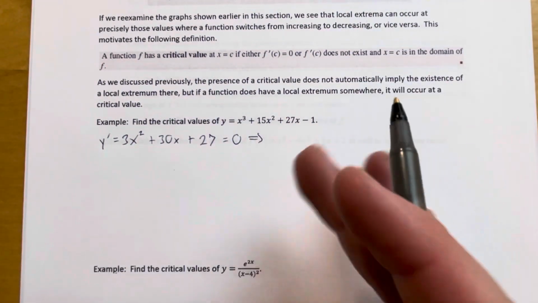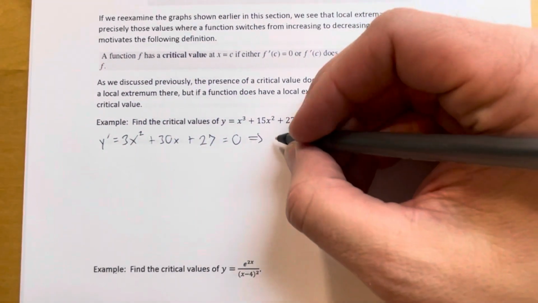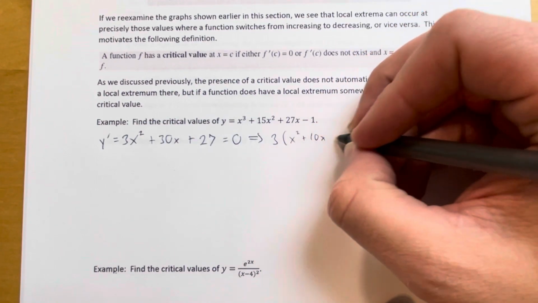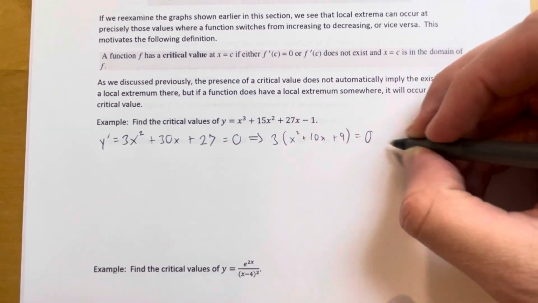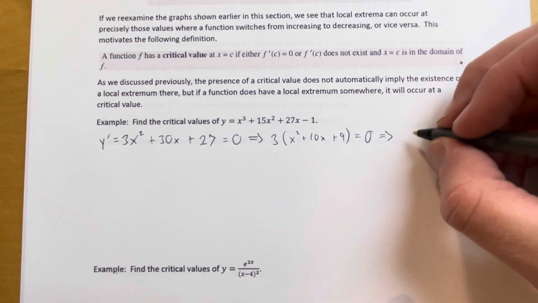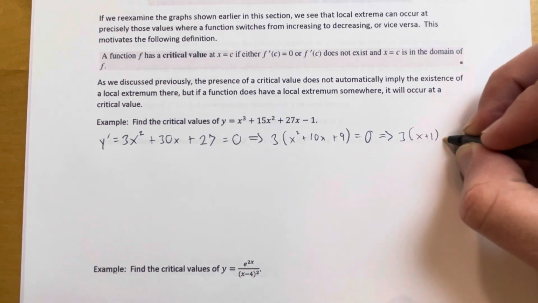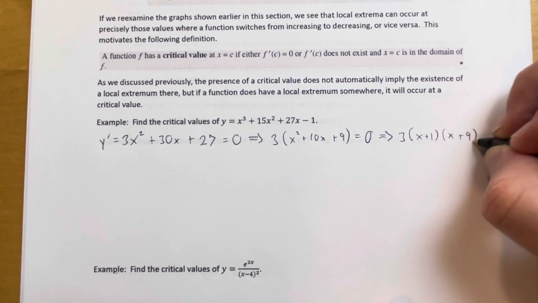It's a quadratic, so I can factor it. First, I would want to factor the 3 out. That leaves me with x squared plus 10x plus 9, and that is easy to factor. It's equal to (x plus 1) times (x plus 9).